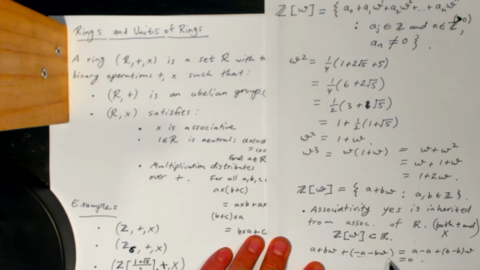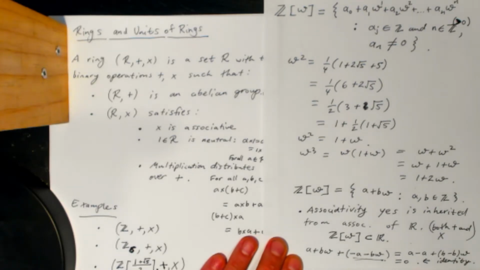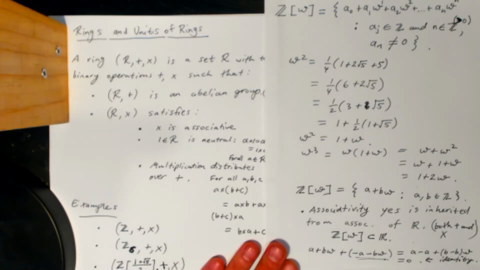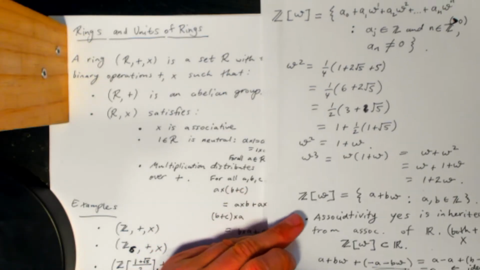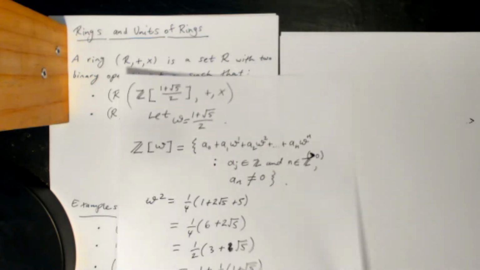So this is the additive inverse of this one, and this is the identity. So we can see that we have an abelian group in the additive structure there. And we've already considered the associativity of the multiplicative structure. What remains is to say that multiplication distributes over addition and to say what the identity is for multiplication.